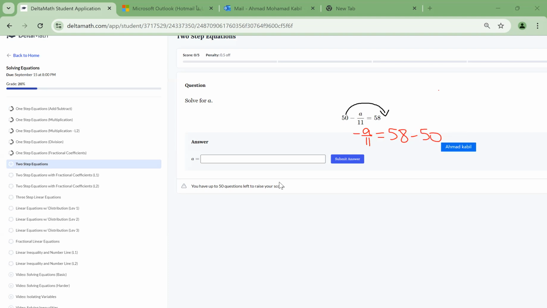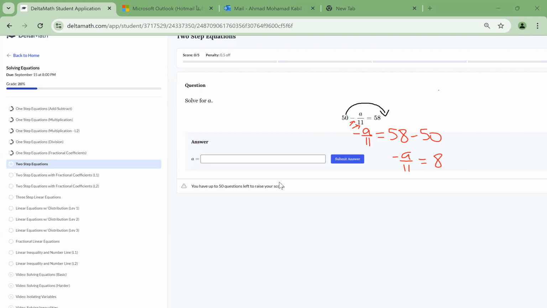The negative sign is linked to the term that comes after it. So taking the 50 away does not remove the negative sign. The negative is attached to the a over 11. So it stays there even when we move the 50. So now we have negative a over 11 equals 8. 58 minus 50 is 8, obviously.